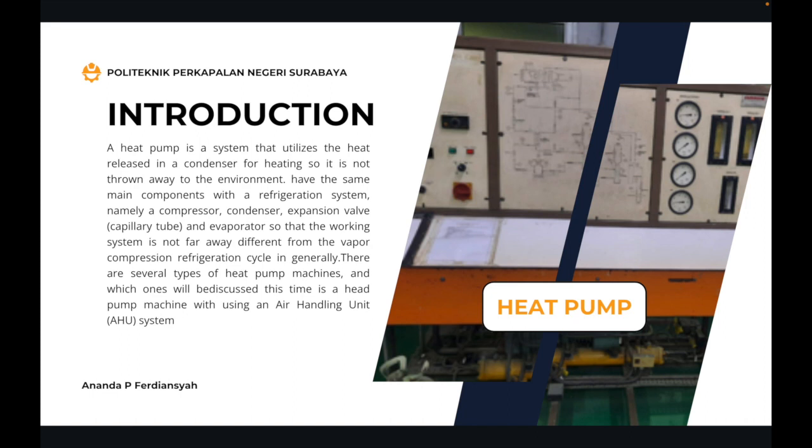It has the same main components as a refrigerant system, namely a compressor, condenser, expansion valve, capillary tube, and evaporator, so the working system is not far different from the vapor compression refrigeration cycle in general. There are several types of heat pump machines, and the one discussed this time is a heat pump machine using an air handling unit or AHU system.